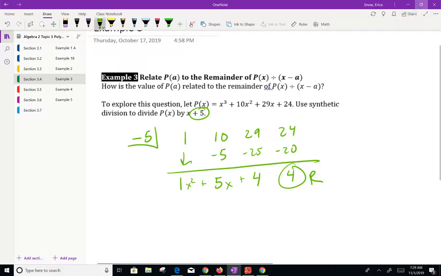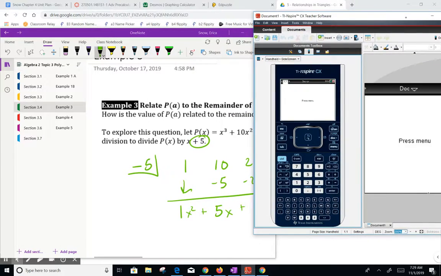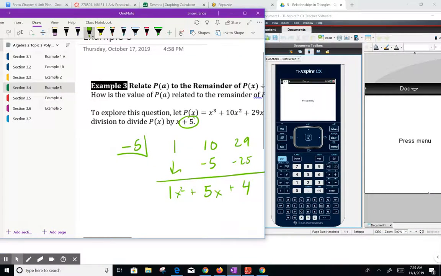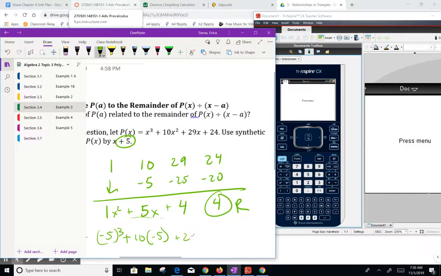Now I'm going to show you how this works. So what if I put negative 5 into our equation? So let's say I did p of negative 5. And that means that I'm going to do negative 5 cubed plus 10 times negative 5 plus 29 times negative 5 plus 24.